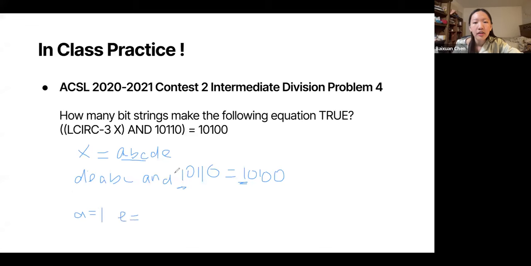So we notice that, let's draw the truth table again for AND. For X and Y, it's 1, 1, 1, 0, 1, 0, 1, 0, 0, and 0, 0, 0.